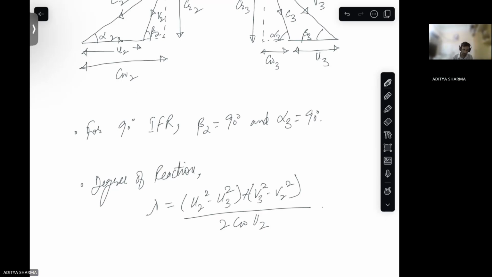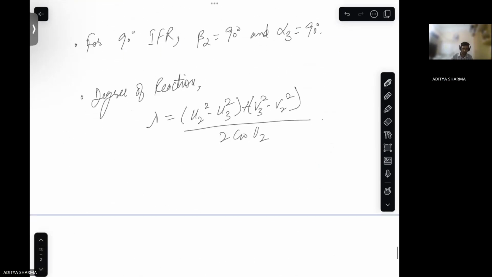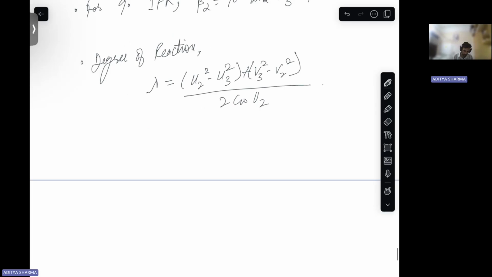This is your degree of reaction for inward flow radial turbine. This is enthalpy drop in rotor divided by enthalpy drop in stage. So this is about your week 11. Then week 12, if we see.